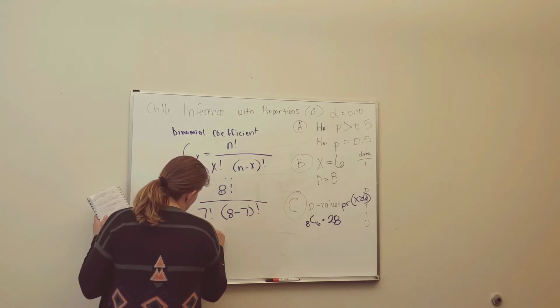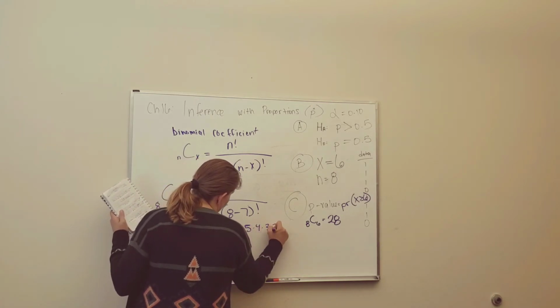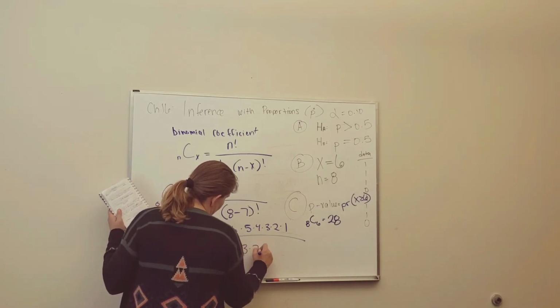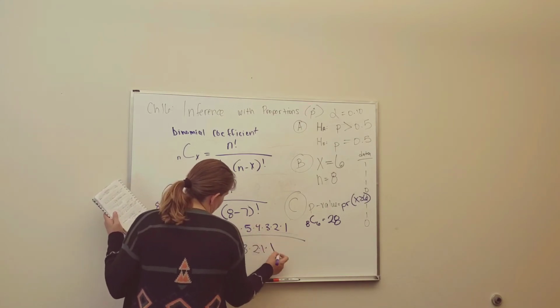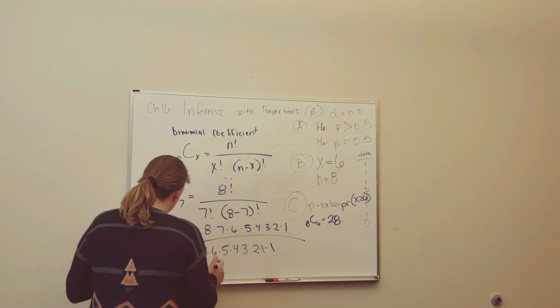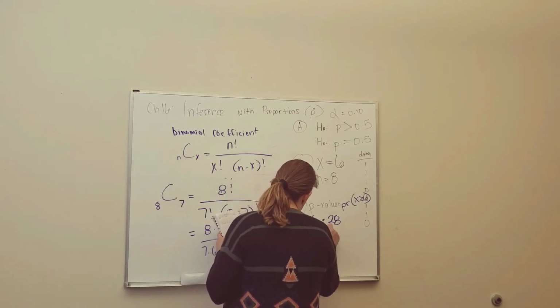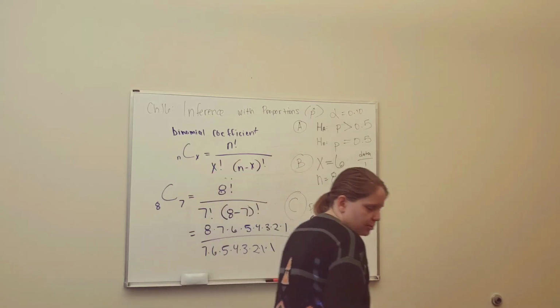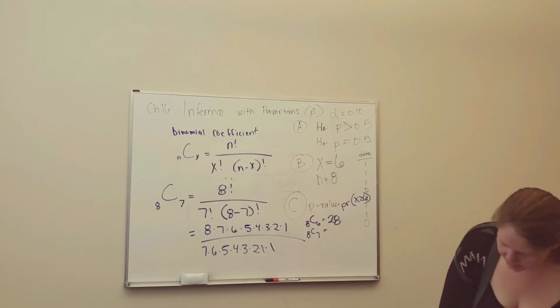Again, the numerator is 8 times 7 times 6 times 5 times 4 times 3 times 2 times 1 divided by 7 times 6 times 5 times 4 times 3 times 2 times 1 times 8 minus 7, which is 1, and that'll give us 8C7, which is equal to, let's see, your book has it, 8.